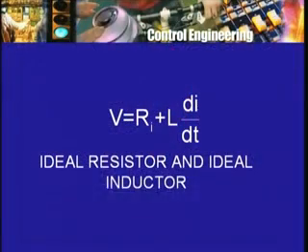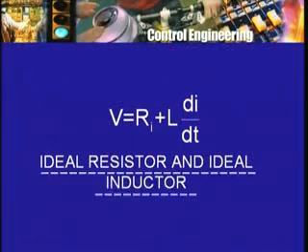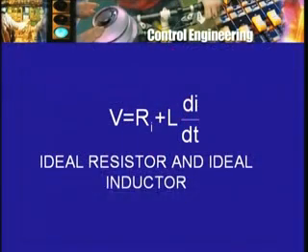And so if one wanted a little better, less crude approximation or model for it, one possibility is to think of it as a series combination of an ideal resistor with an ideal inductor.